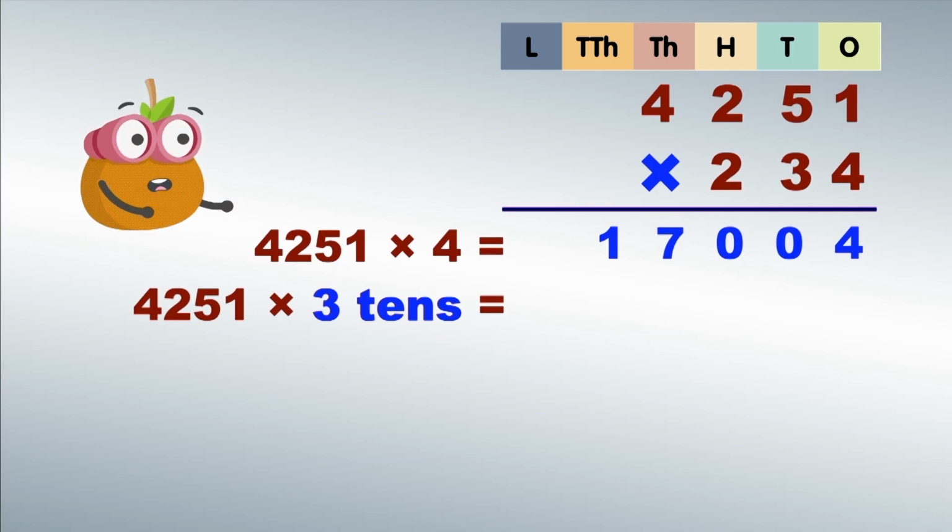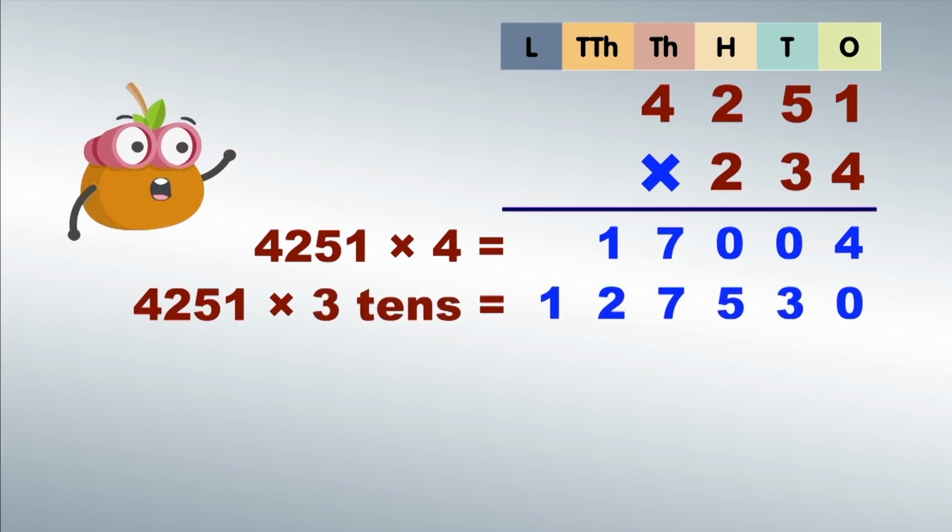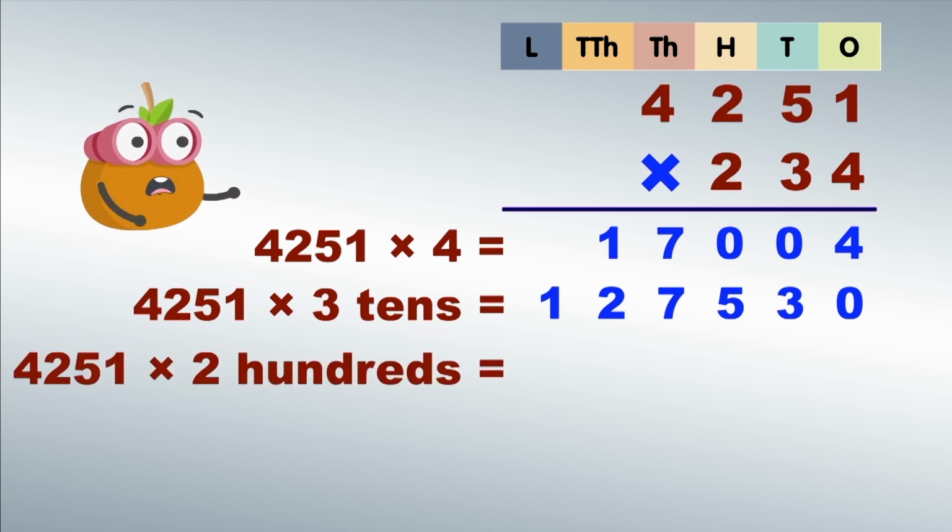Before multiplying, always remember to put a 0 before multiplication with the tens digit of the multiplier. Thus, multiply 4251 by 3 tens equals 1,27,530.